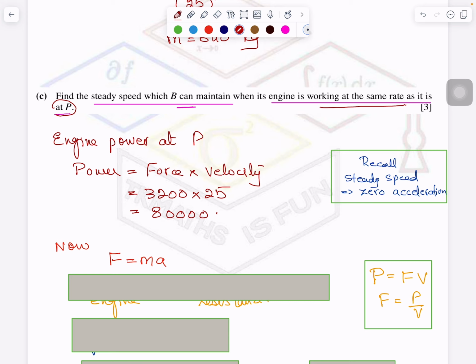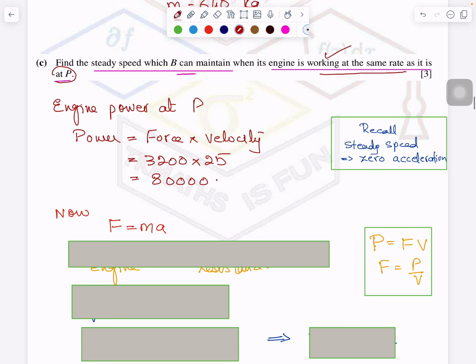Now because we have to find the speed which it can maintain if it uses the same power afterwards, we know F equals ma, Newton's second law of motion. And we also know power equals force into velocity. If I manipulate, force equals power divided by velocity. So now, because I'm talking about the car in terms of force, I will use this equation.